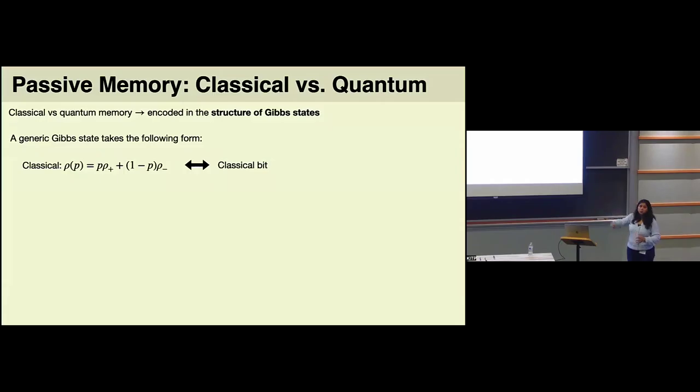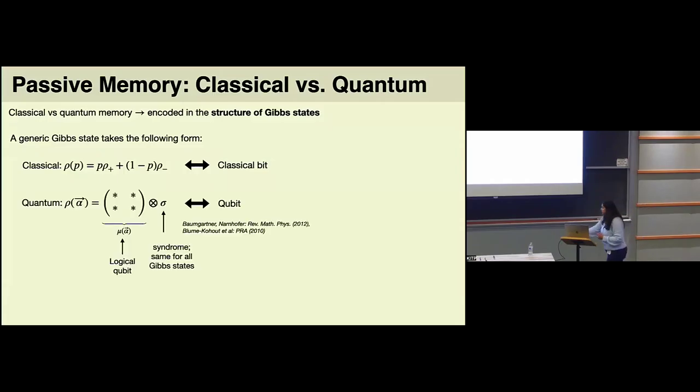If you want a quantum memory, then the nature of your steady state subspace looks qualitatively different. So this gets to the type of things that Tiago was bringing up in his talk.